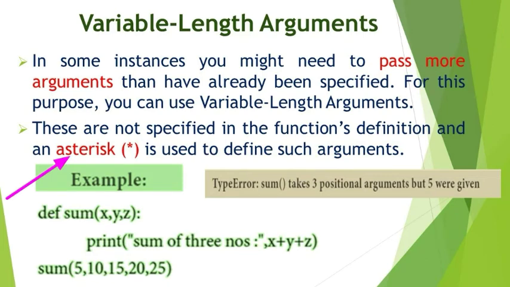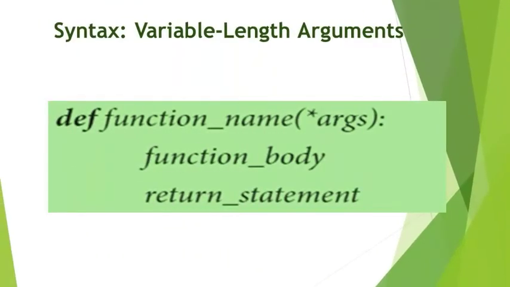Let's see the syntax of variable length arguments. Def function name, within the parenthesis the asterisk symbol is given and arguments are also given. If you want to add more arguments, then you have to use this asterisk symbol and write the arguments after that. And next the function body, next the return statement.